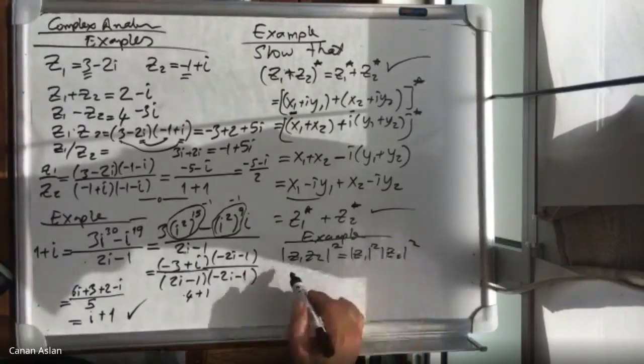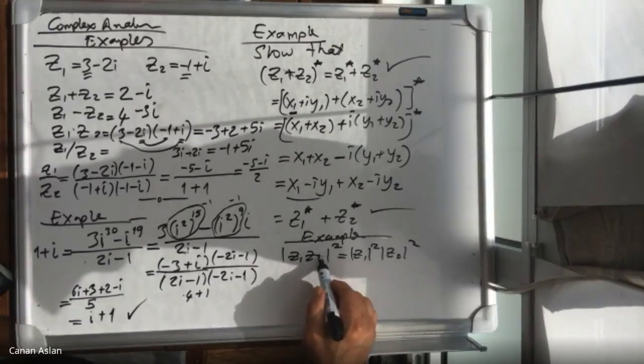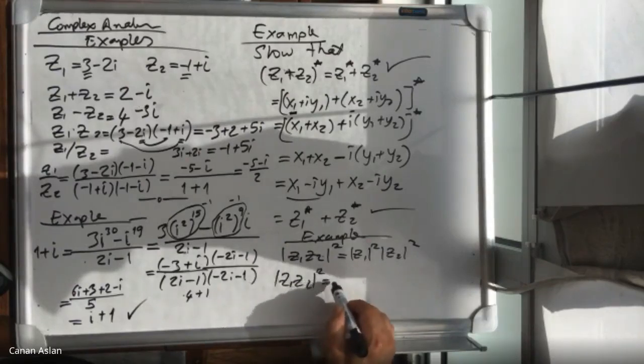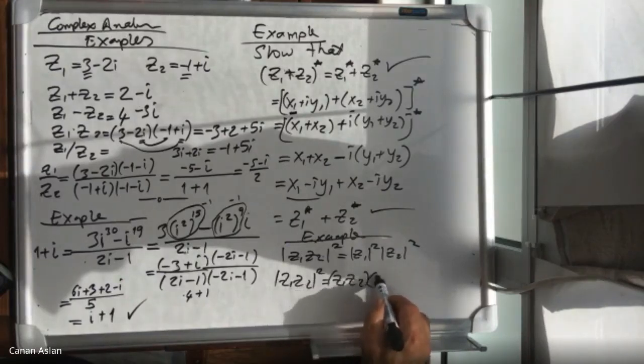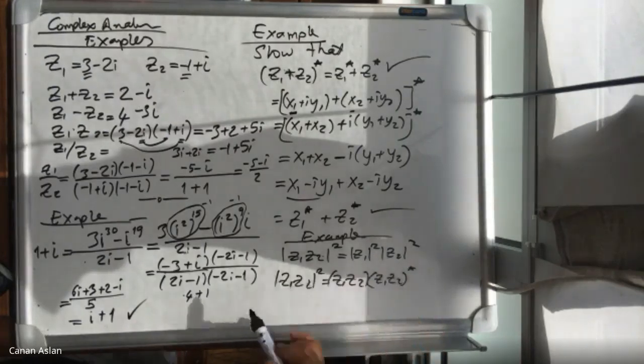So now, how do we do this? The product of Z1 and Z2. We know that the magnitude of Z1 Z2 squared is just the product Z1 Z2 times its complex conjugate, Z1 Z2 star.